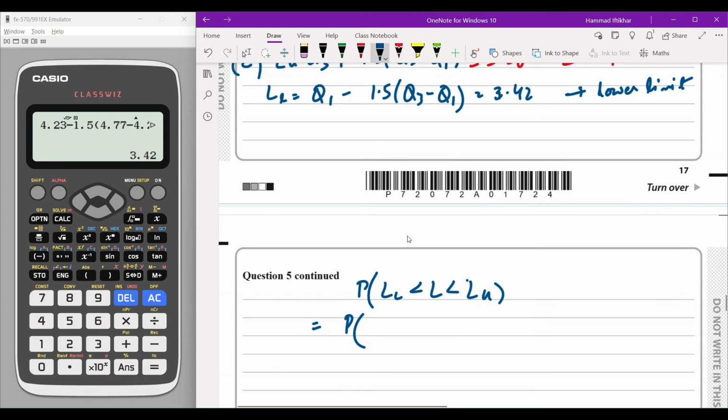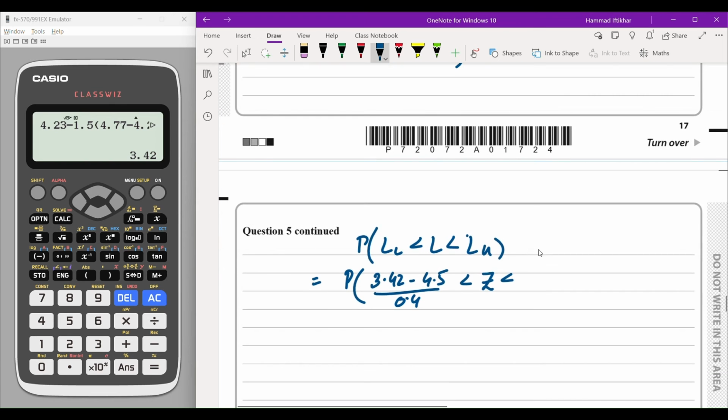So this would be equal to: lower limit is 3.42, so 3.42 minus 4.5 over 0.4, and the upper limit was 5.58 minus 4.5 over 0.4.